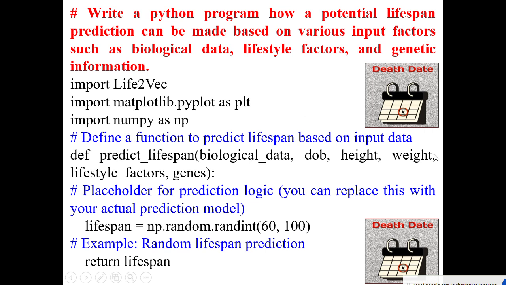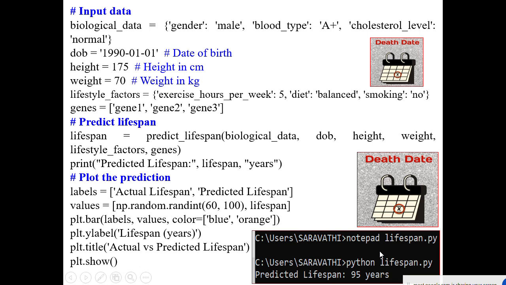Define a function to predict lifespan, placeholder and example random lifespan, etc. Now see the input parameters: biological data like gender, male, blood type, cholesterol, etc. Date of birth, height, weight, lifestyle factors, genes, predict lifespan, and plot the prediction levels like actual versus predicted lifespan values, lifespan years, etc.